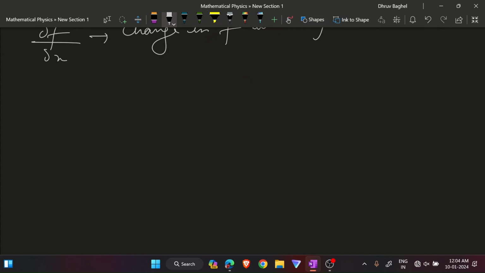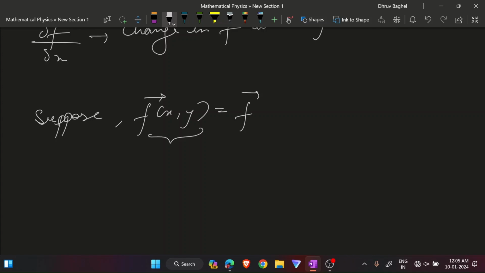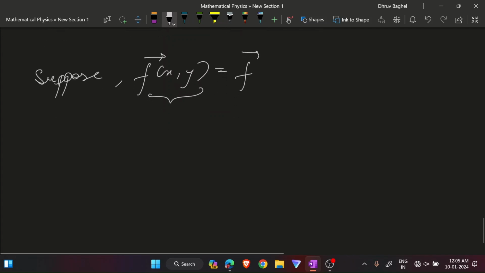Okay, so we have talked about derivatives of scalar fields. The same way we can also define vector field derivatives. Suppose f is a vector field this time, and I will write it simply like this, a vector field of x and y coordinates.